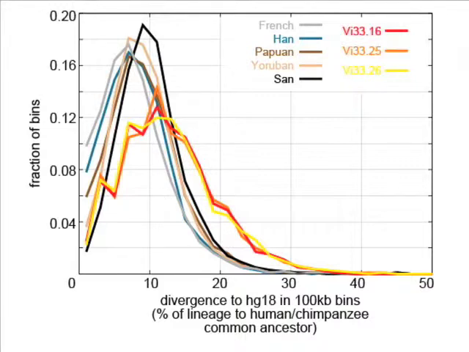Likewise, the mean and the variance in humans is the same, but the divergence is on average deeper for all of the Neanderthals compared to any of the humans. So on an average place in the genome, the Neanderthal is more distantly related, but there are lots of places in the genome where the Neanderthal is less distantly related than some other human is here. So the average is deeper, but these distributions well overlap.